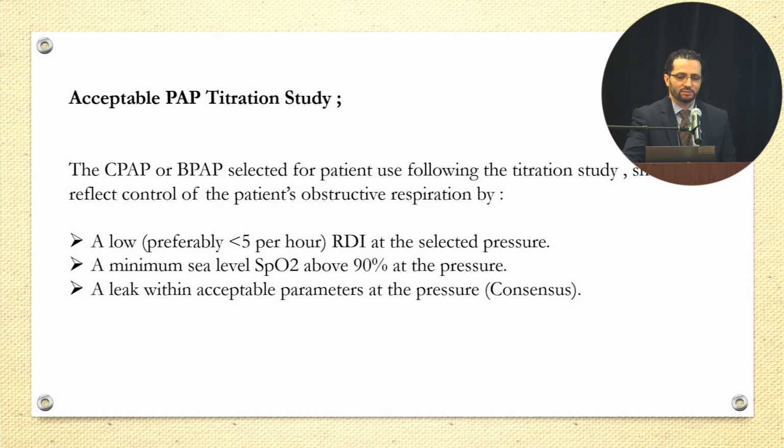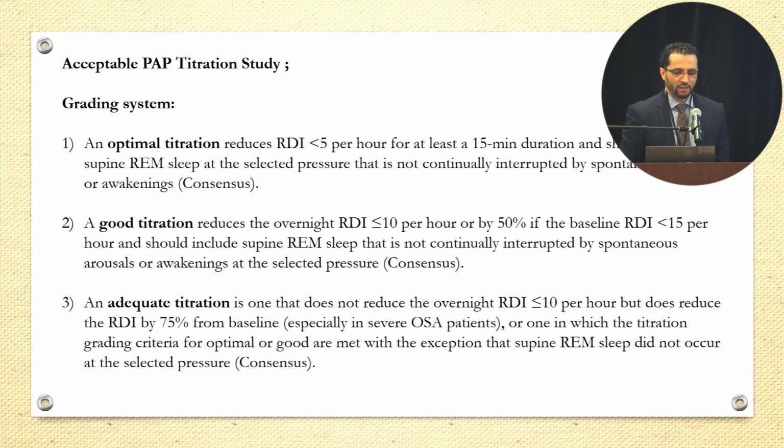This is RDI, respiratory disturbance index, which involves the apneas, hypopneas, and arousals as well. You should have a good oxygen saturation at all times, at least 90% or higher, and the leak should be acceptable as well. So you have acceptable leak, low or eliminated respiratory events, and good oxygenation.